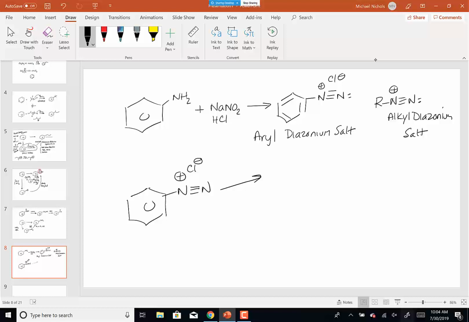You want to convert that to an OH. In other words, I want to add an OH group to the ring. I'm going to add H3O+. If I add H3O+ to a diazonium salt, I make what's called a phenol.